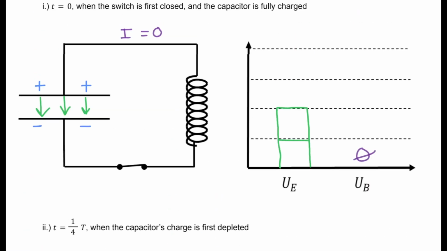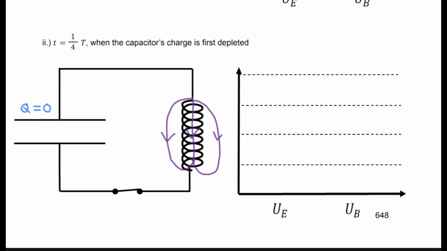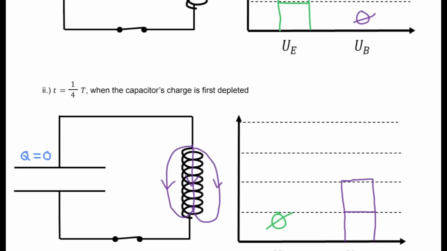So this would be the opposite, where a quarter cycle later, we have no energy stored in the electric field because the capacitor is not charged. But there is that same amount of energy stored in the magnetic field now. And there's nothing significant about choosing 2 bars of energy. I just have to show that it's the same as before.